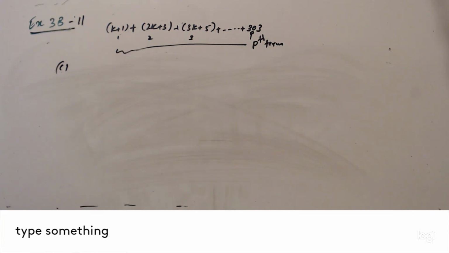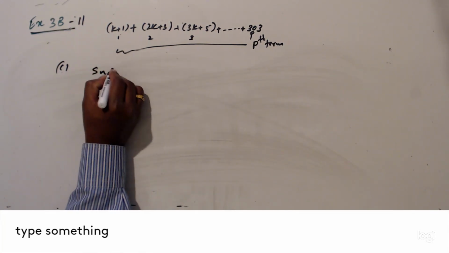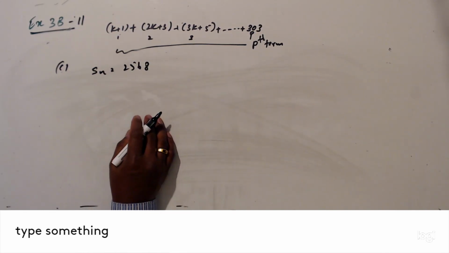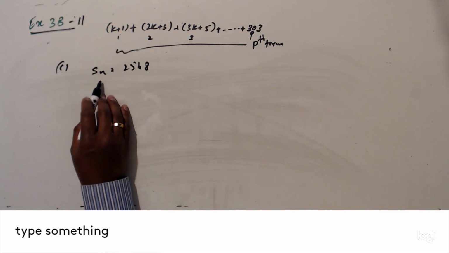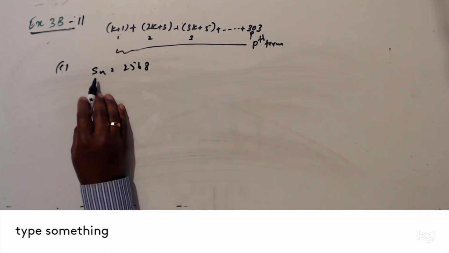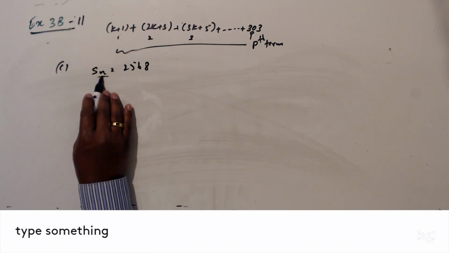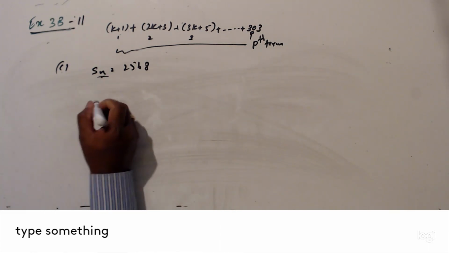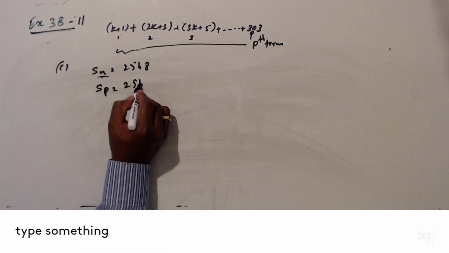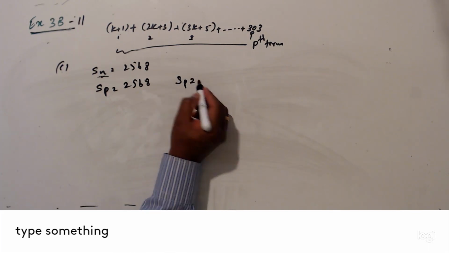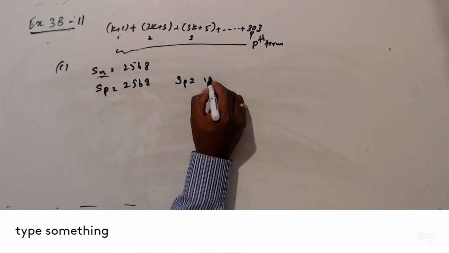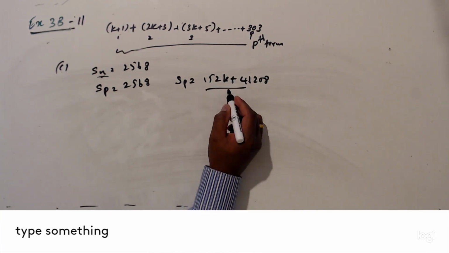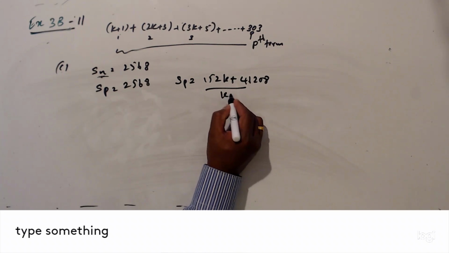Part C, they have given Sn equal to 2568. Actually, nowhere can we see the relationship with n, so we have to assume. In our case we talk about p, so it has to be Sp equal to 2568, and we found out Sp equals 152k plus 46208 over k plus 2.